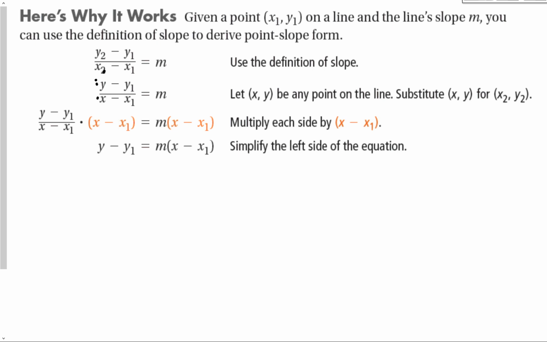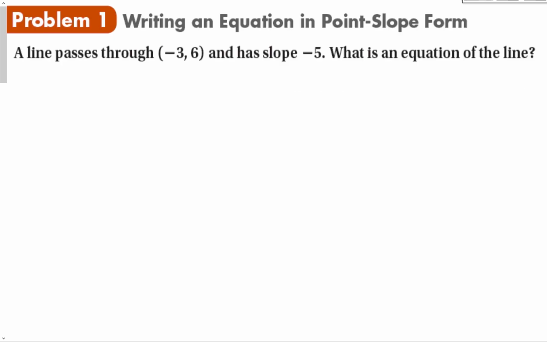So let x, y be any point on the line, and we're going to substitute x, y for x2, y2. Now, all we have to do is multiply both sides by the denominator, multiply both sides by x minus x1, and we have our formula for point slope.